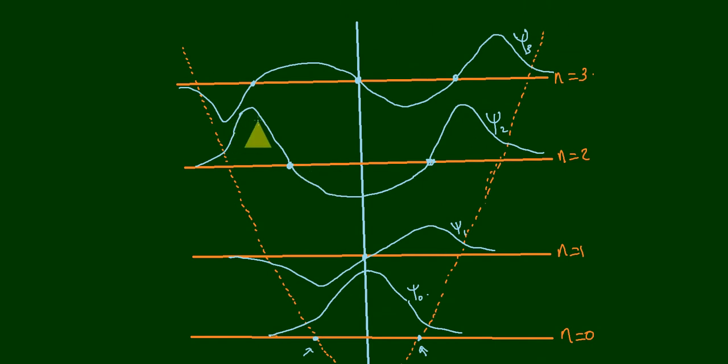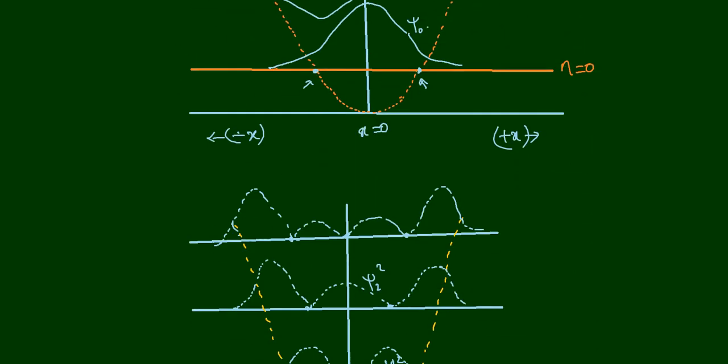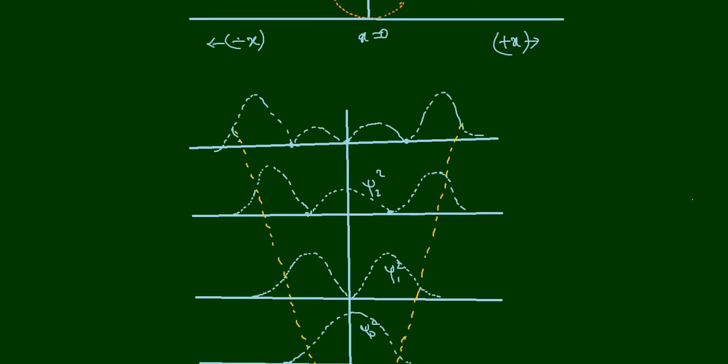Actually the height of this one is greater than the negative height of this one. So when you are coming to the extremes, the psi square values at the extremes will be greater than the psi square values at the midpoints when we are going to the excited state.